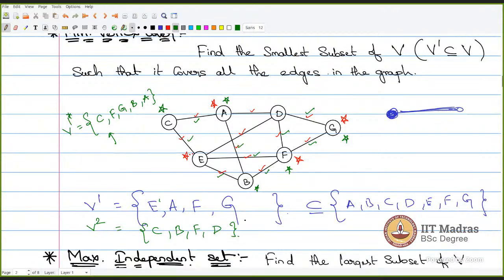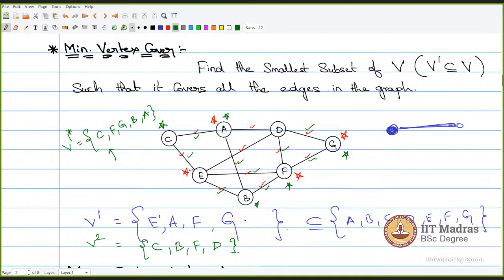So I don't say there is a unique minimum vertex cover. There can be many vertex covers that are minimum, but I just wanted to make the difference between the vertex cover and the minimum vertex cover. So C, F, G, B, A is also a vertex cover, and this whole vertex set is also a vertex cover, but that is not the minimum.